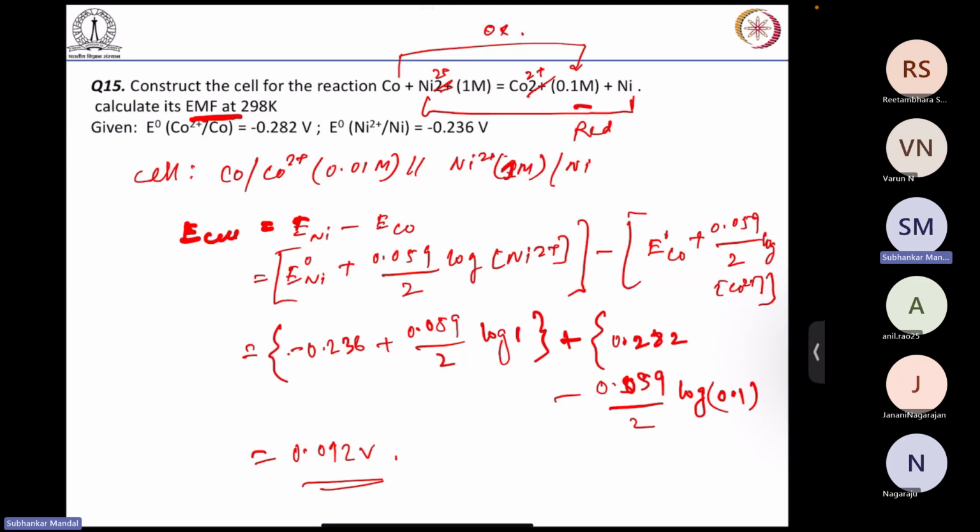Okay, I am not checking this. If people can check once, I think 0.282.